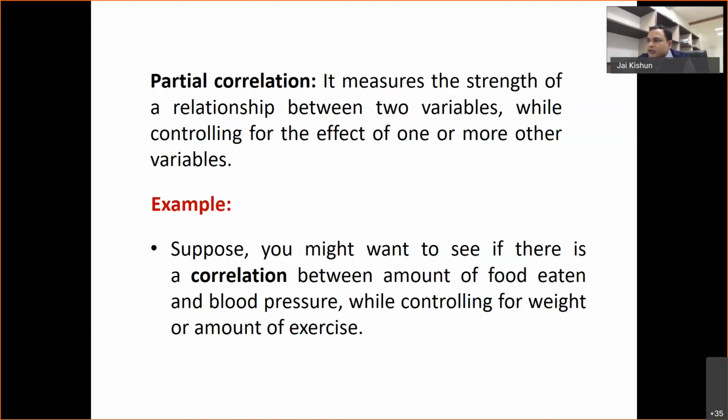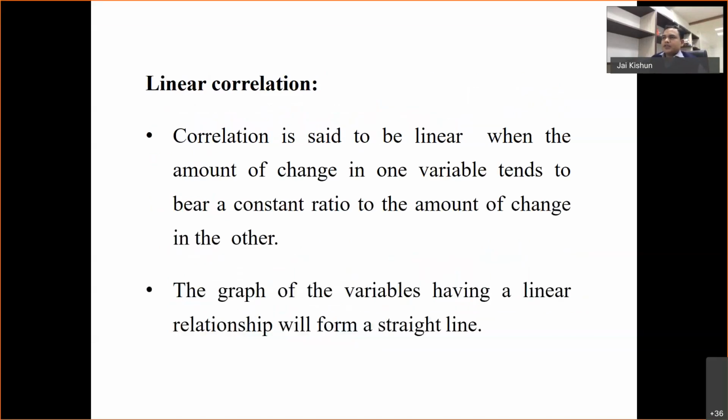Suppose you want to see if there is a correlation between the amount of food eaten and blood pressure while controlling for weight or amount of exercise. So we are studying only two variables, food eaten and blood pressure, while the other variables like weight and exercise we are controlling. We will see this when we read about regression, and how we are going to estimate that.